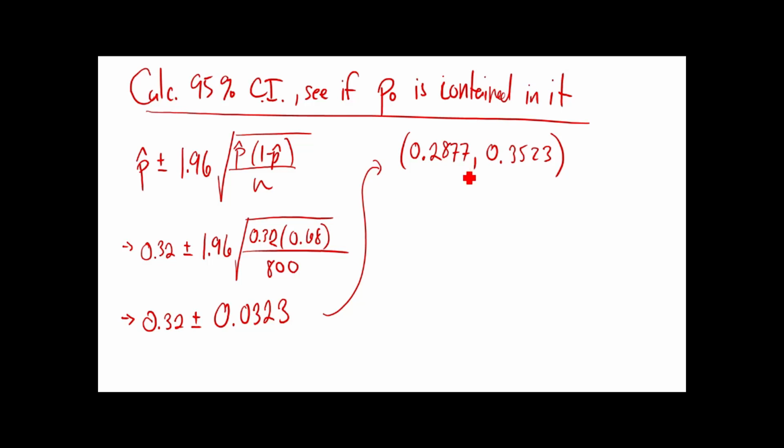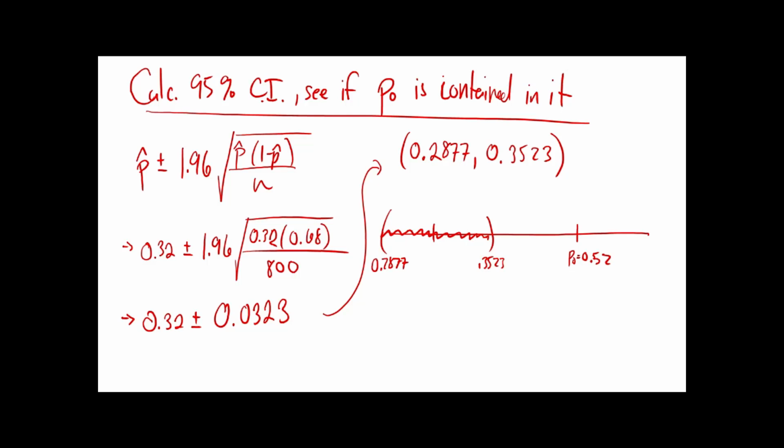But if you look at it on the number line, our P0 was 0.52, and our interval is entirely down here, right? Our confidence interval is way down here at these lower percentages. The claim is way up at 52%.